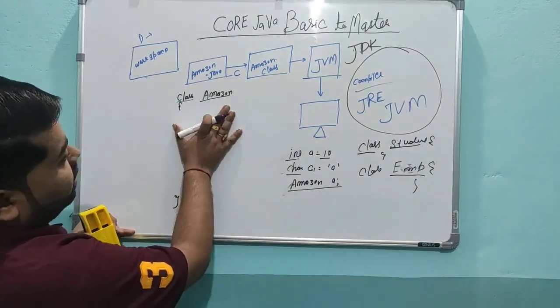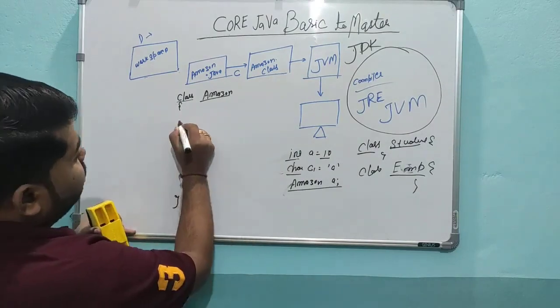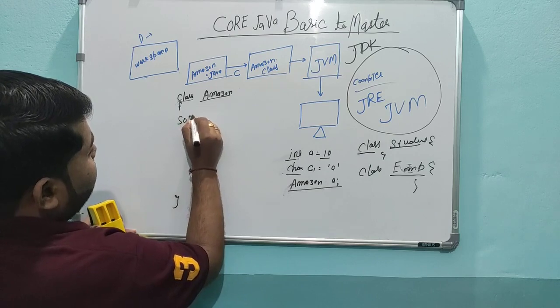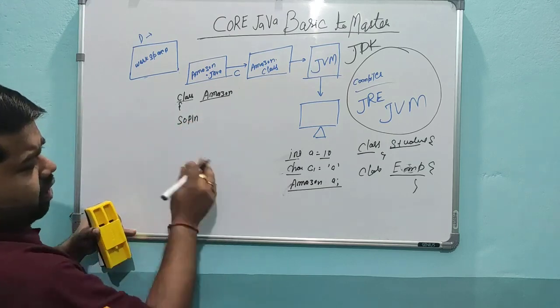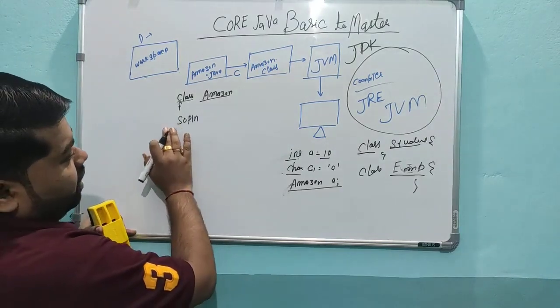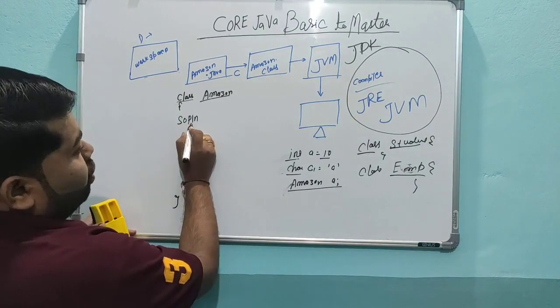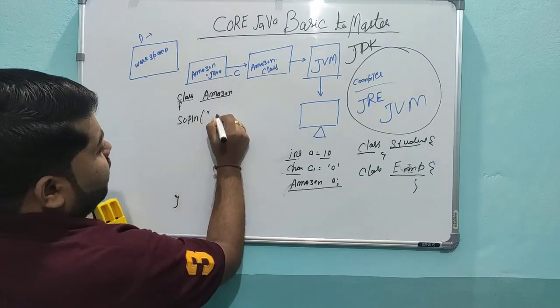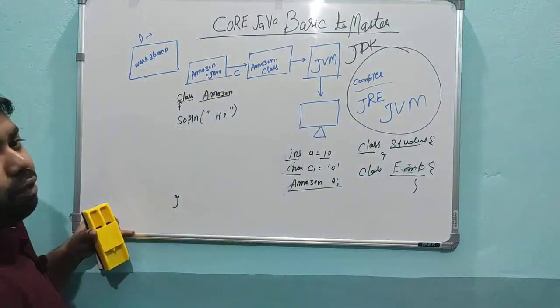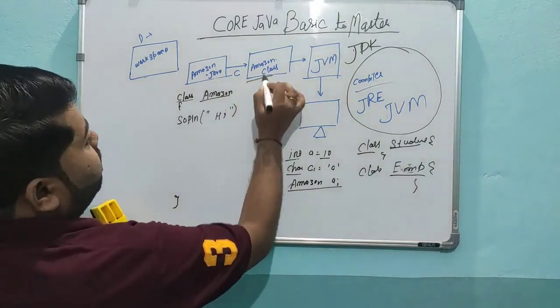When you are writing this class keyword, this is your class block. If you write system.out.println here, and I will execute this code in practical also, and write hi, the first thing you have to do is compile this code.